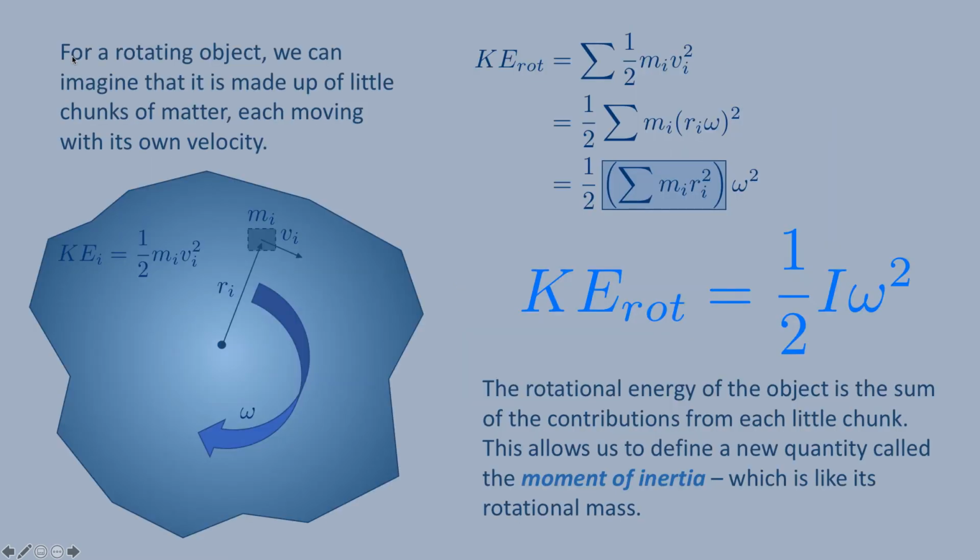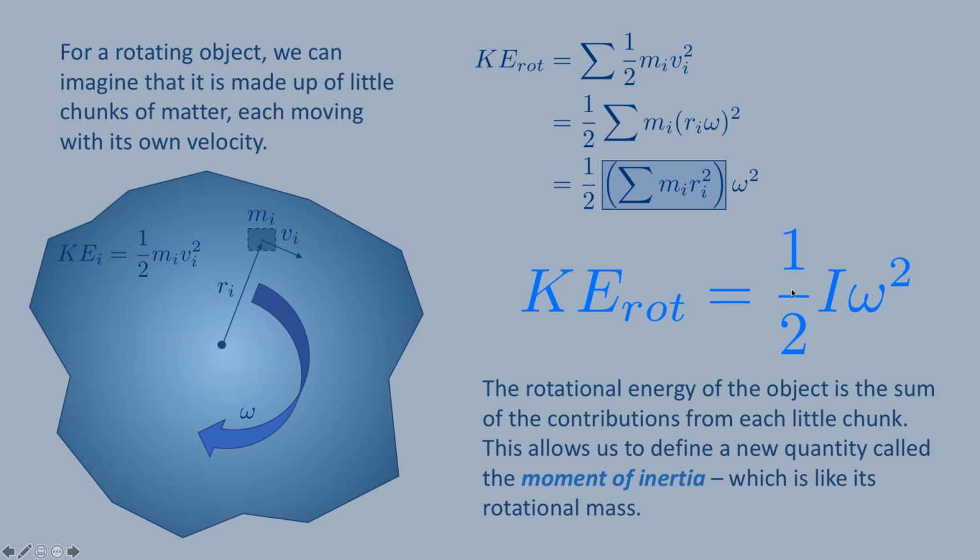So the first thing that we did was to imagine taking an object that is rotating and breaking it up into tiny little chunks, and for each chunk thinking about how much kinetic energy that little chunk of matter has. Add them all up and you get this formula for the kinetic energy of rotation, which involves this quantity, essentially the mass distribution about the rotation axis, and we call it the moment of inertia.